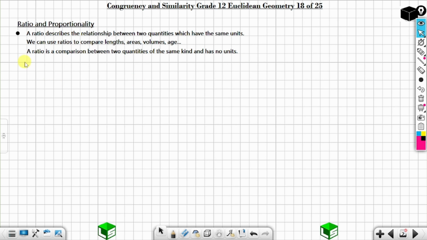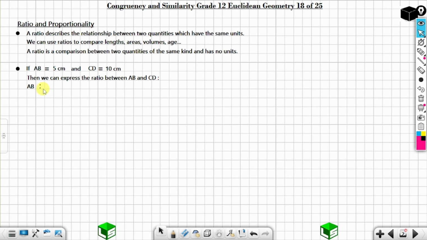So let's say, for example, you have the length AB equal to 5 centimeters and CD equal to 10 centimeters. Now we can express the ratio between AB and CD like this.